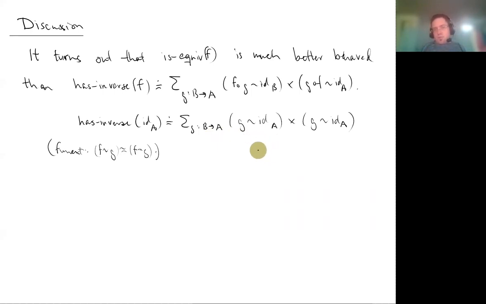You should perhaps see, and I realize this is a bit vague, but this is just to give you an idea of why this definition is poorly behaved in higher dimensions. This will turn out to be related to the type of homotopies from the identity on A to itself. And if A has some higher homotopical structure, that's not going to be a contractible type.